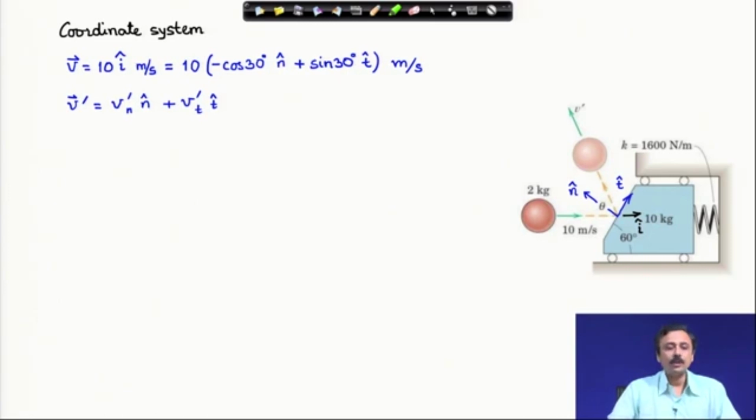Now, the outgoing velocity V prime vector. I can write it in the tangent normal system as V prime n, which is the normal component, into N cap, plus V prime t, the tangential component, into T cap. And this impact is taking place in the plane of our screen.